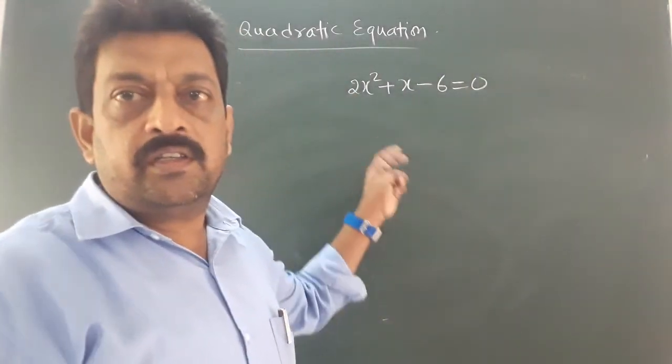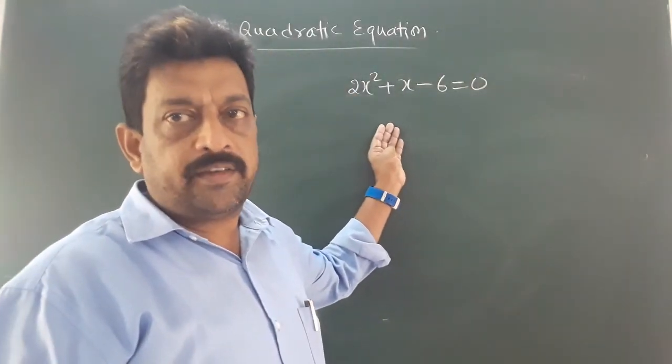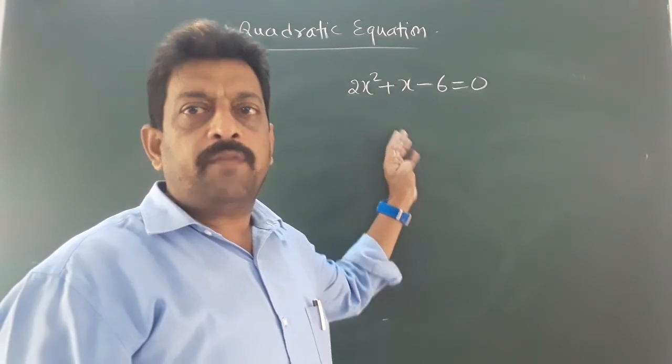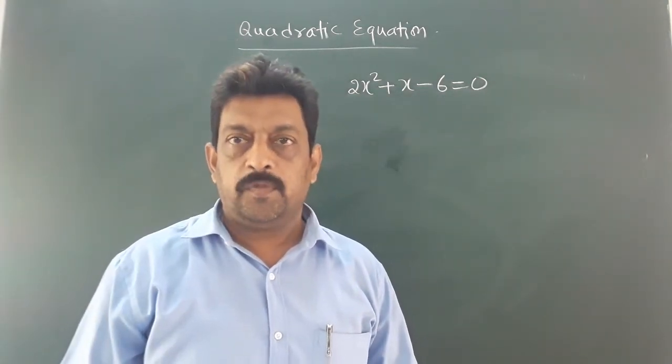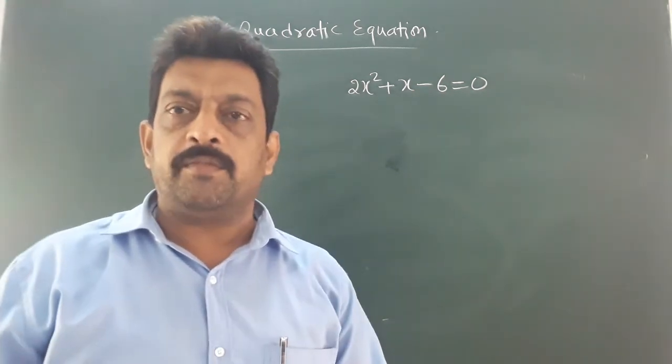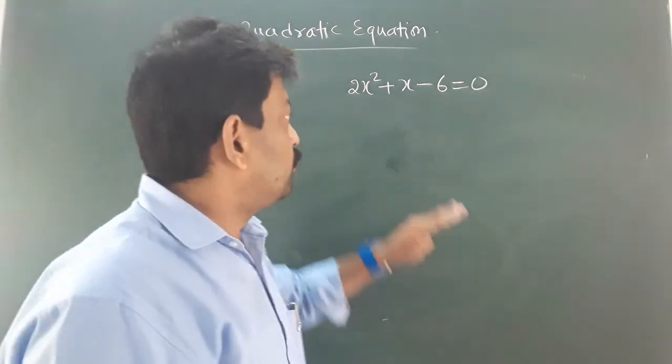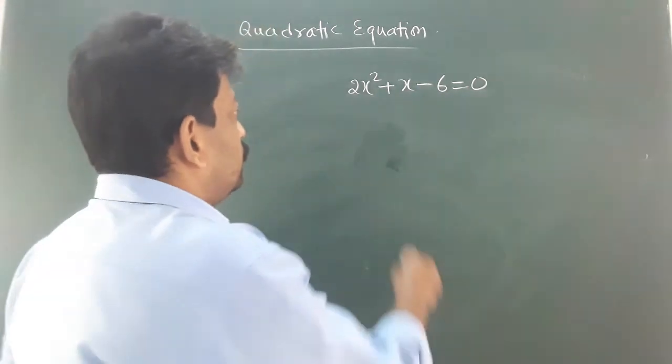So students, you can see that we cannot solve this by identity. So we have to use the technique of splitting the middle term. By using that method, we can easily solve this.